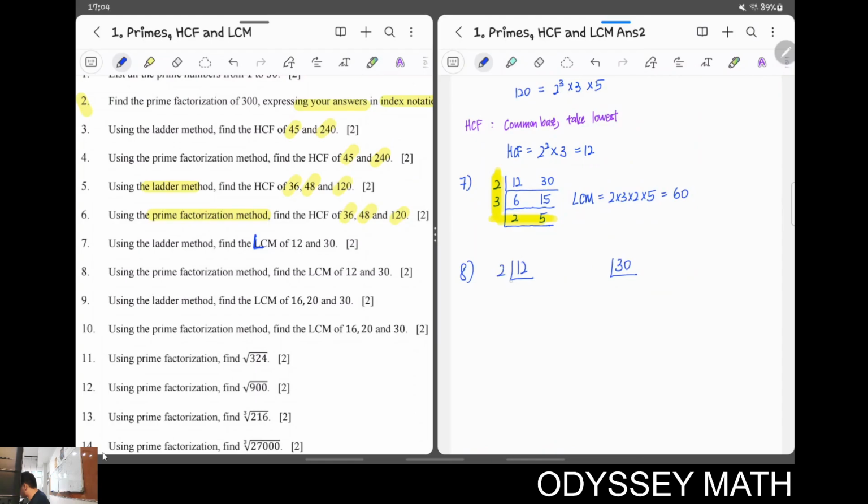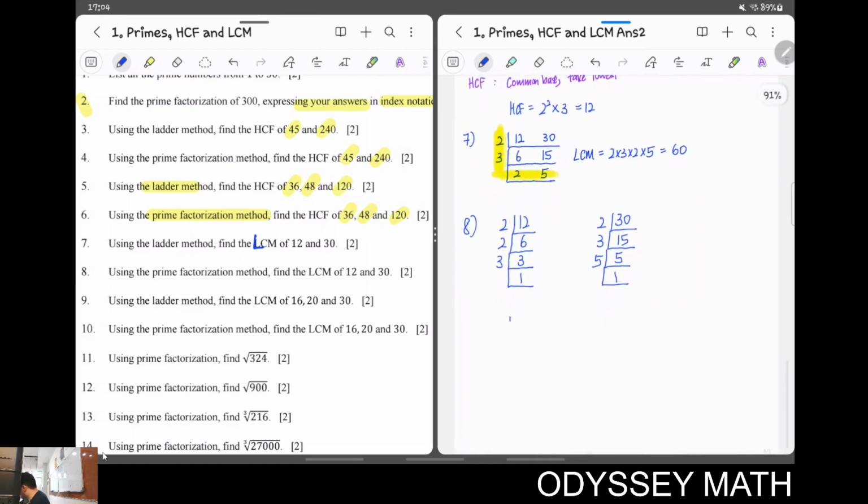So let's do it here. 12 divided by 2 is 6. 6 divided by 2 is 3. And then 3 divided by 3 is 1. Then we have 30 divided by 2 is 15. 15 divided by 3 is 5. 5 divided by 5 is 1.